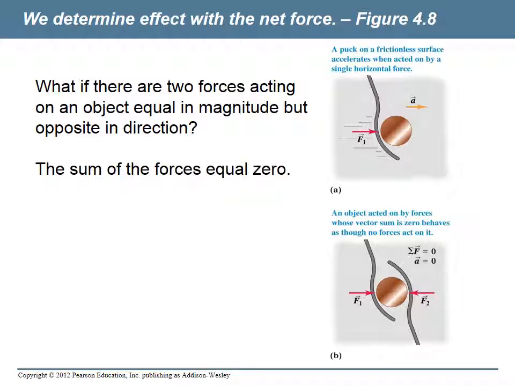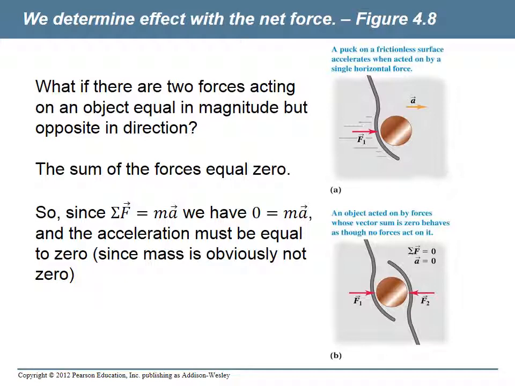So the sum of the forces is equal to 0. Let's say the force is equal to 100 newtons. So you have a positive 100 newtons here, but they're pushing back, and because the direction is to the left, this would be a negative 100 newtons. So when I add them up, 100 plus negative 100 is 100 minus 100, which is 0, right? So the sum of the forces has to be equal to 0.